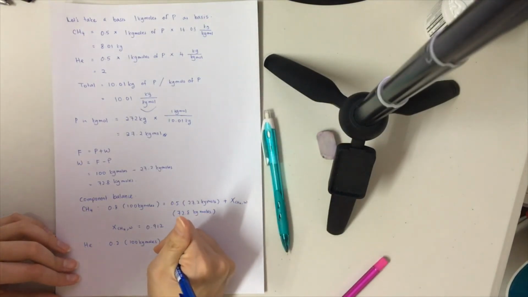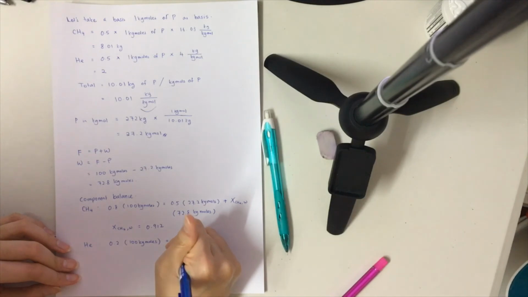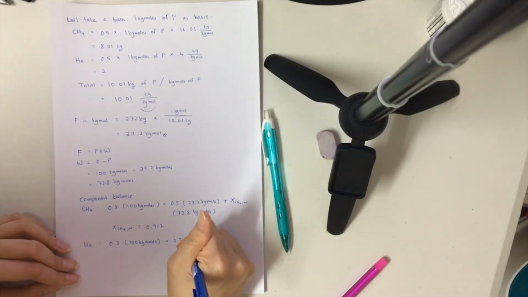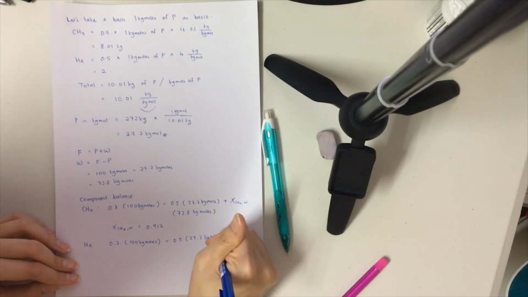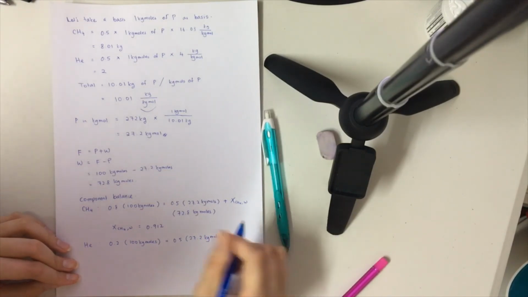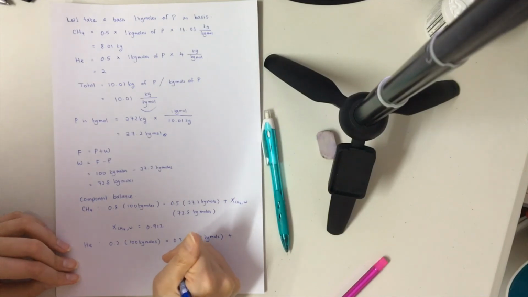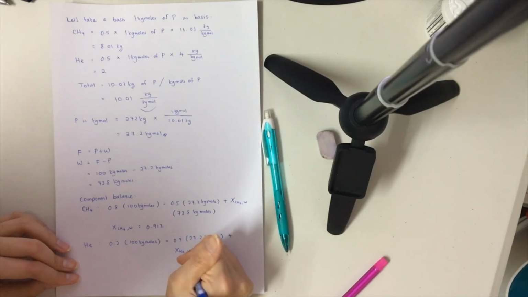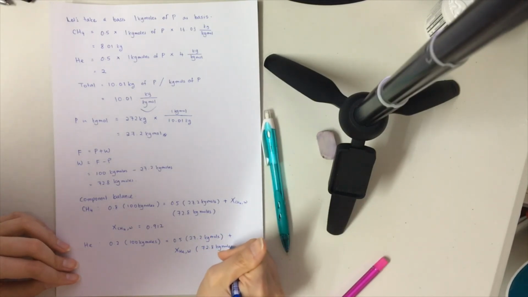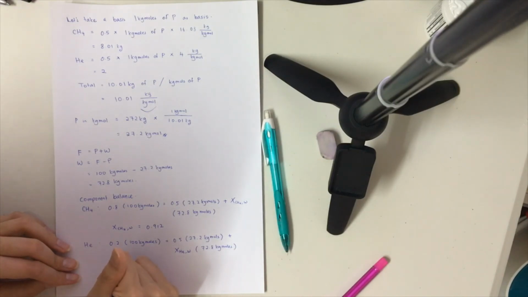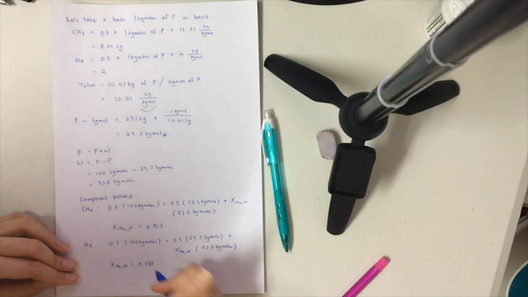Now you also have 50% of helium in the product stream, plus the helium composition in the waste stream multiplied by W, and you shall get the helium composition in the waste stream as 0.088.